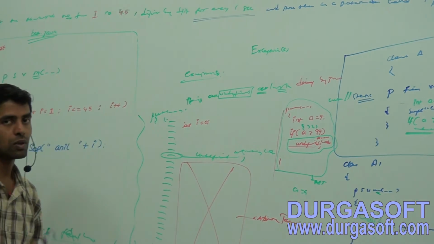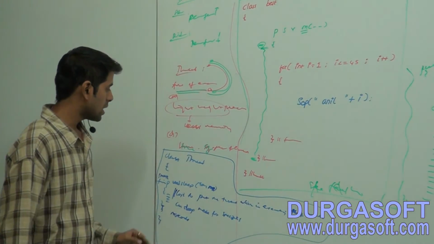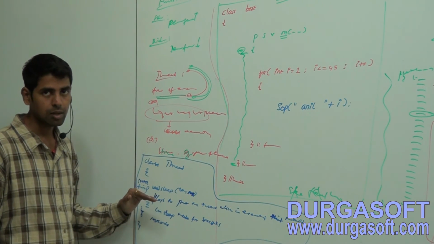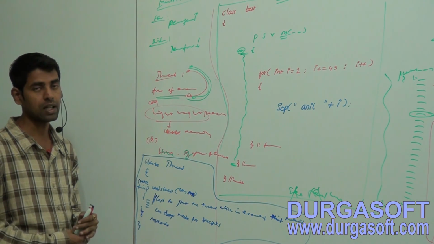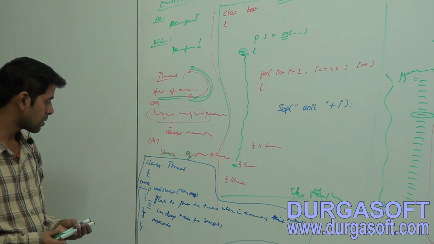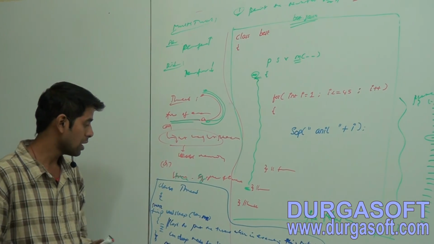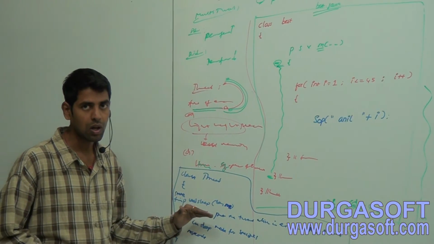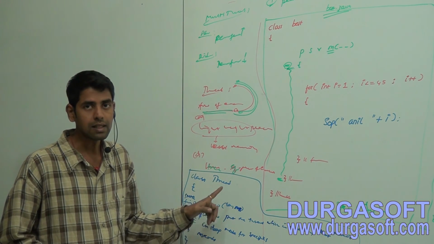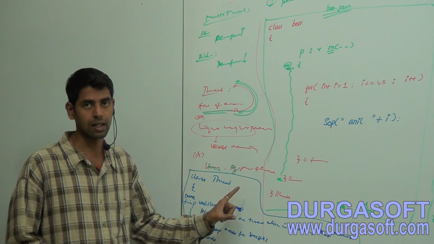Within our Thread class, we have one public static final method called sleep, having a long milliseconds argument.